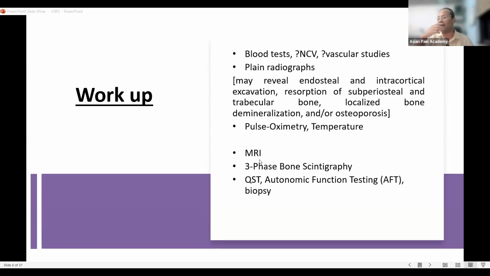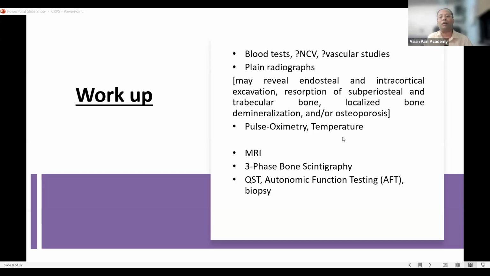And pulse oximetry has a role while you are doing a stellate ganglion block or any treatment, because if your block has gone in the right place, then within 2-3 minutes you will see that the plethysmographic graph has increased. That means you have blocked the sympathetic supply in the correct way.